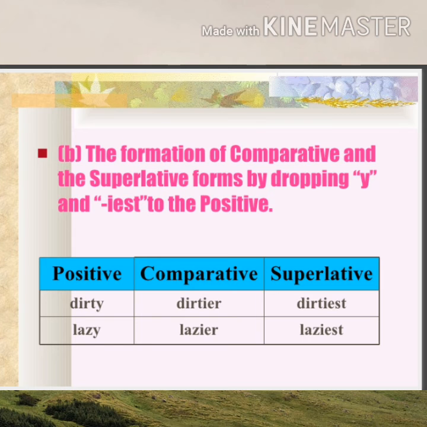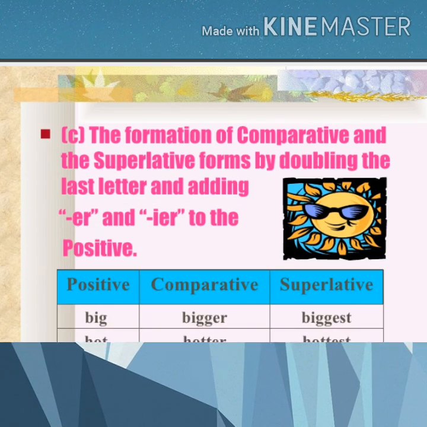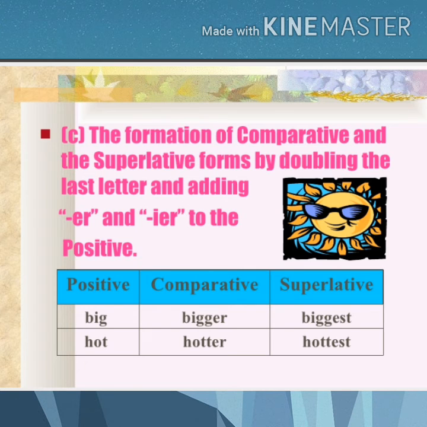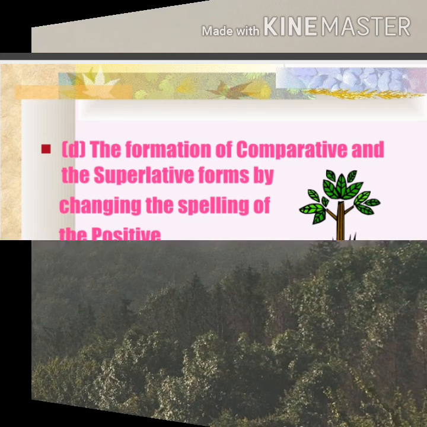For example, lazy, lazier, laziest, etc. Here the point number 3. The formation of comparative and superlative forms by doubling the last letter and adding er and est to the positive. For example, big, bigger, biggest, hot, hotter, hottest, etc.